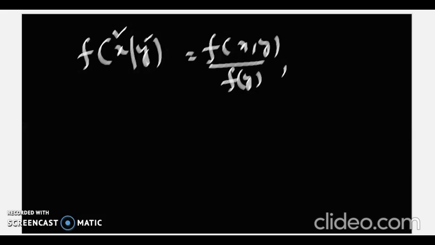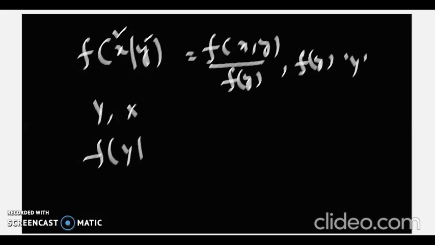It is the formula for the conditional probability density function of x given y. Here f of y is the marginal density function of y. Similarly, the conditional probability density function of y given capital X is f of y by x.